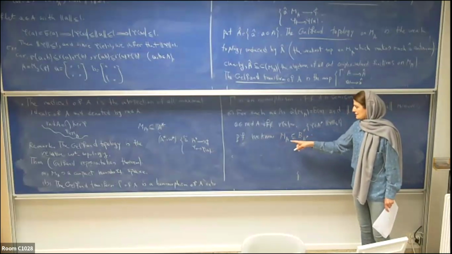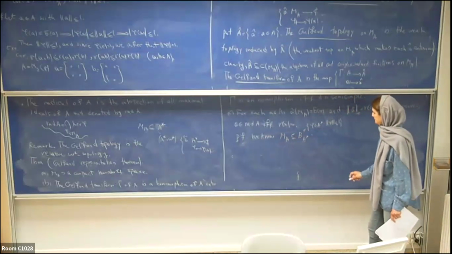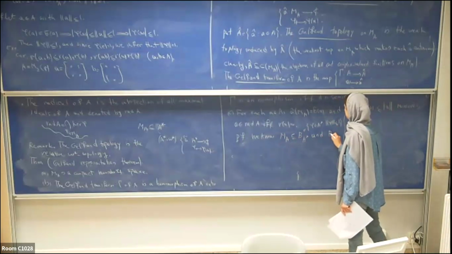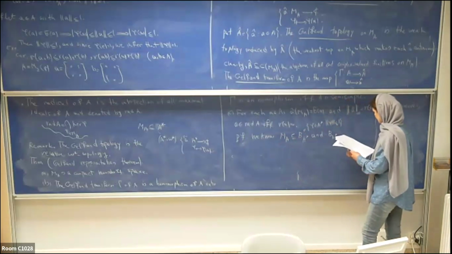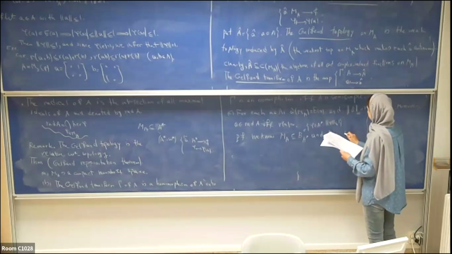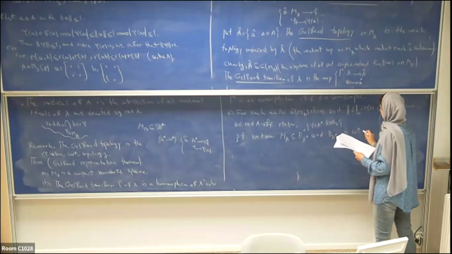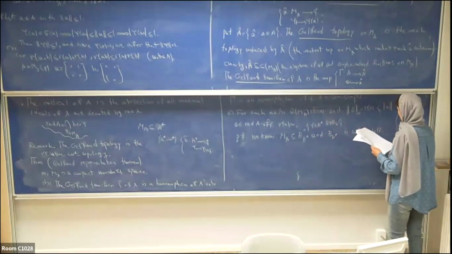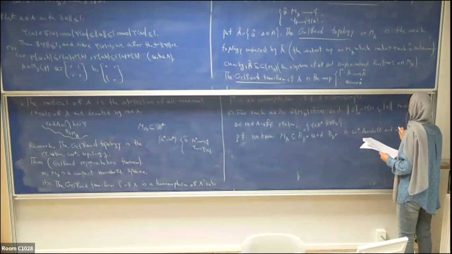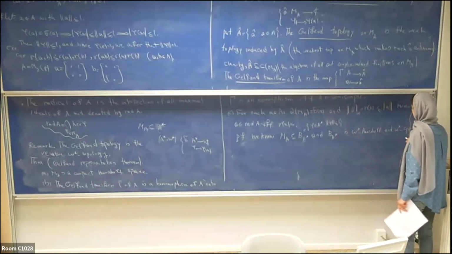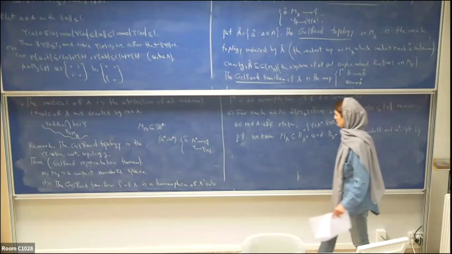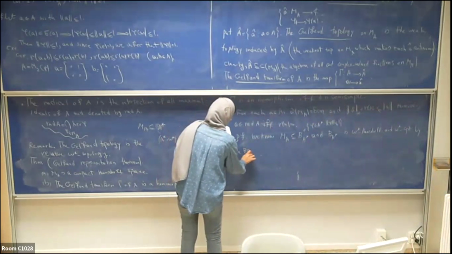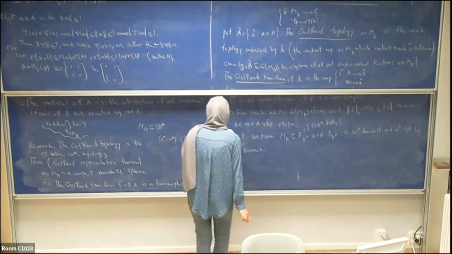We know that B of A star with the weak star topology is weak star Hausdorff and weak star compact, thanks to the Banach theorem.